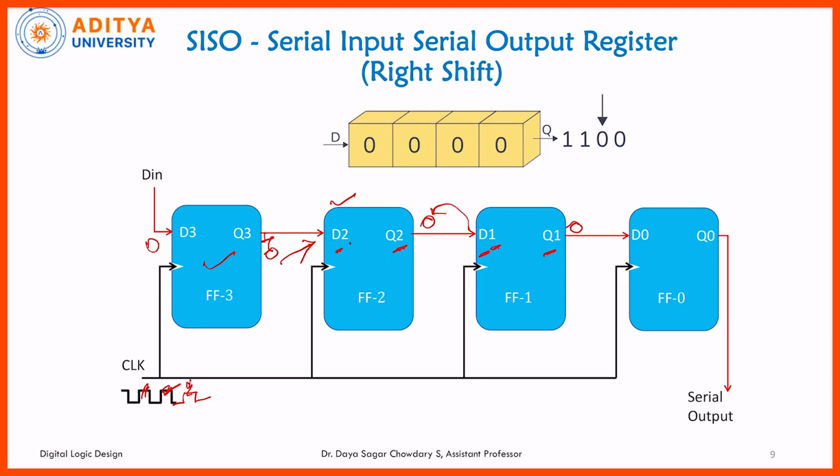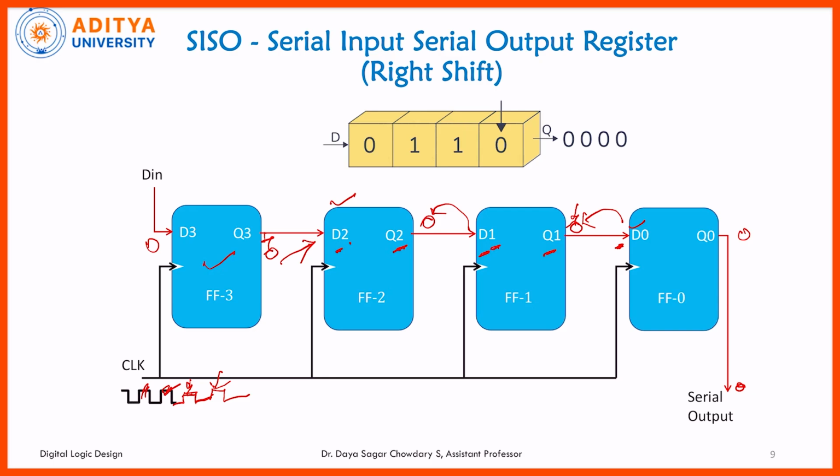Now the same 0 is the input for D0 for the fourth clock pulse. So D0 has the data 0, and finally our output is 0.